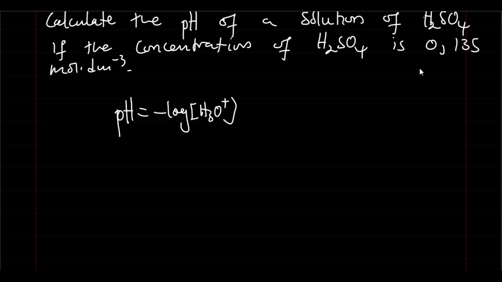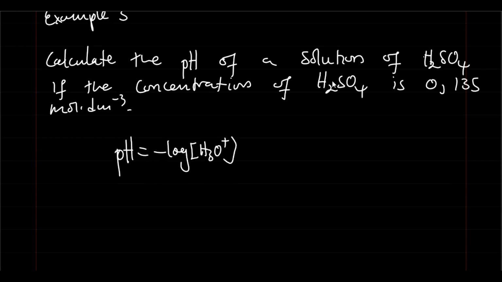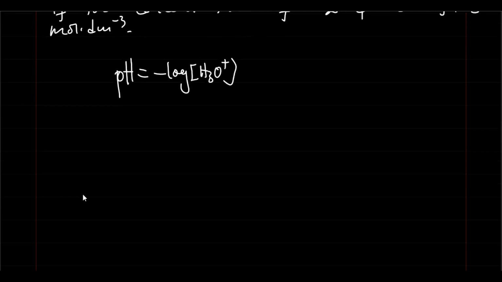The minute I talk about a solution of sulfuric acid, it means that the sulfuric acid is in aqueous solution, in water. When it's in water, it forms hydronium ions. Now sulfuric acid is a diprotic acid, remember. So sulfuric acid in aqueous solution, right?